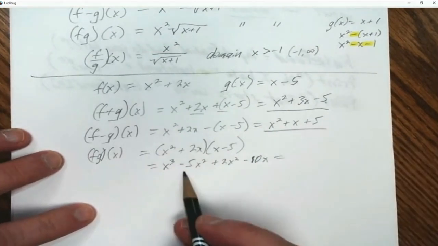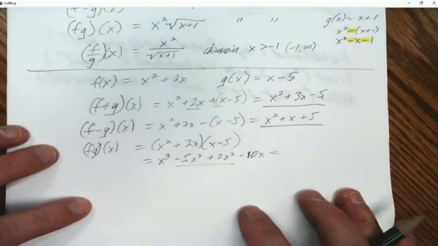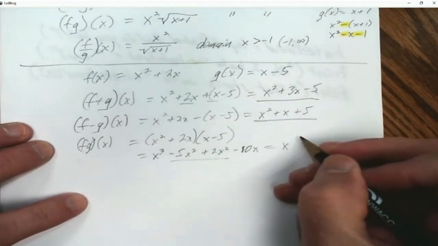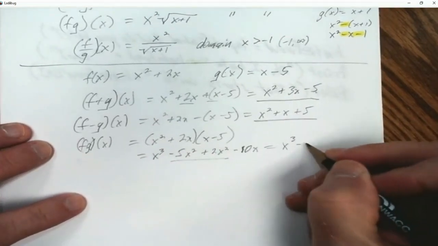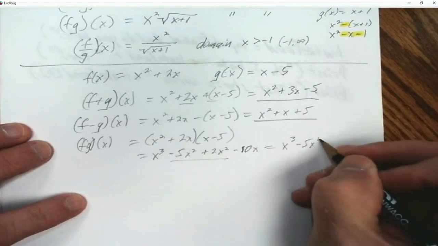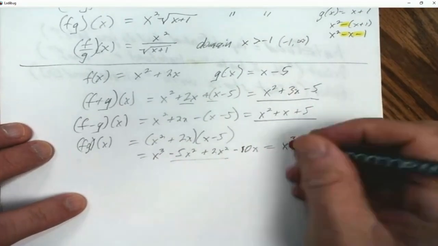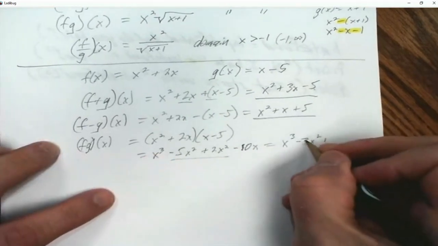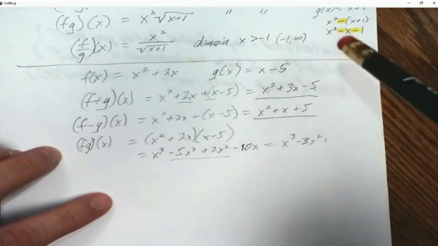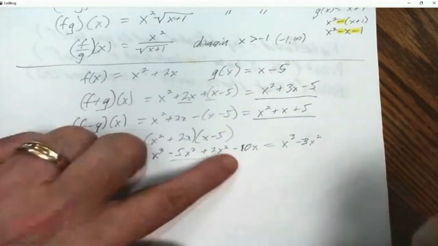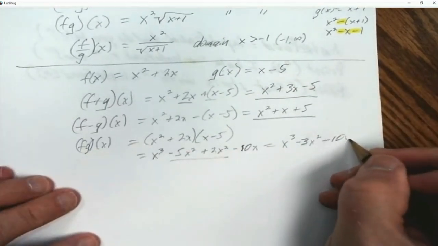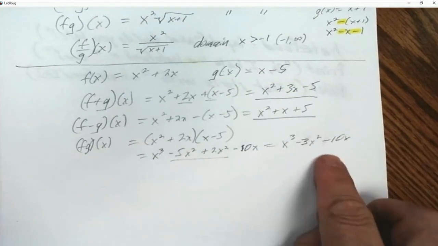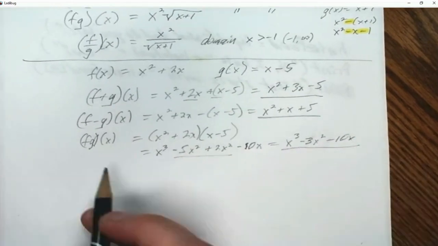So we simplify that. These we can combine because they're both x squared. So it equals x to the third minus 5x squared. Oh, I'm sorry, minus 3x squared because we added 2 to it. Minus 5 plus 2, negative 3x squared. And then we have the minus 10x in the end. So this is what it equals when we multiply them together.